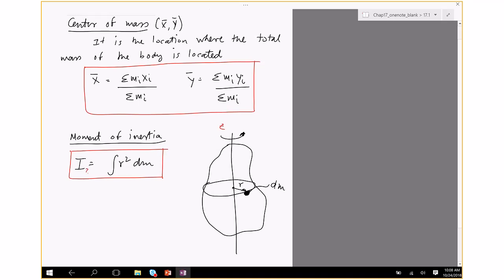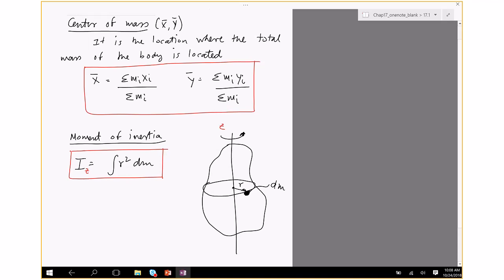So I'll write Iz as the integral of r squared dm, where r is the distance of the point mass dm from the axis of rotation, and you need to do that integral over the entire object. Now, a first course in calculus will actually teach you how to do that integral. It basically boils down to either a double integral for a planar body or a triple integral.